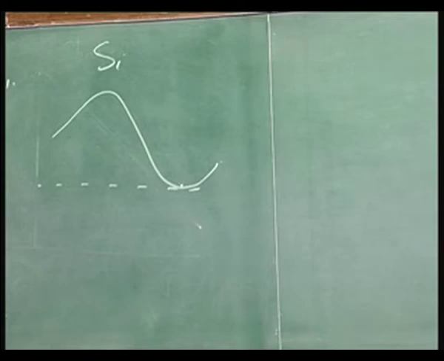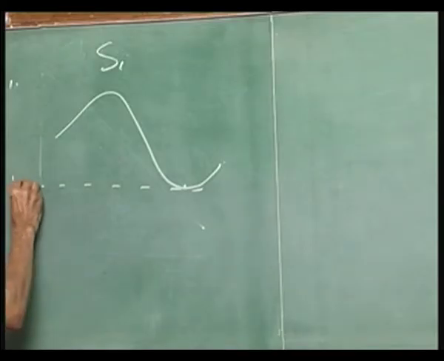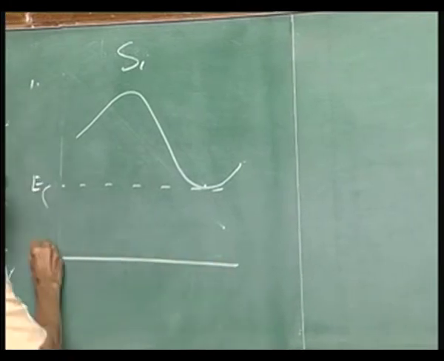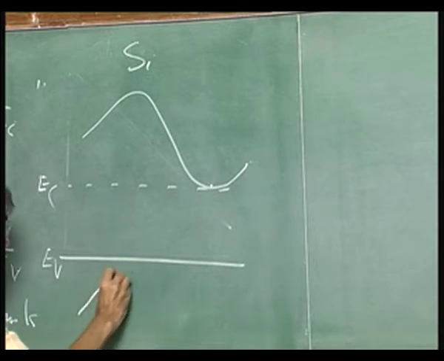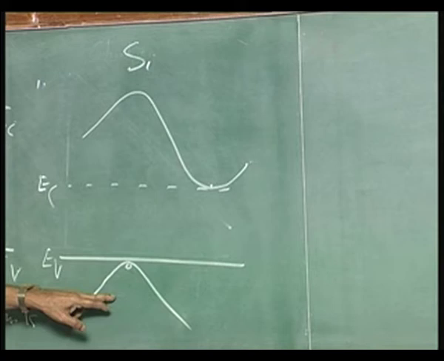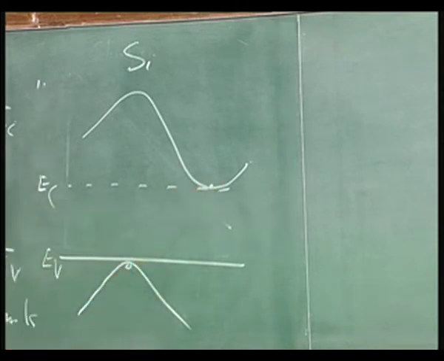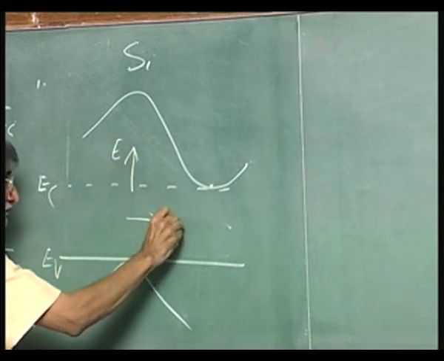And that is the EC. If you take the valence band maximum EV, the variation is something like this. We are not bothered about other regions, do not worry about other lines, only one line. This is the highest position where the holes will be occupying, and this is the lowest position where electrons will be occupying, and this is the energy and this is the momentum.